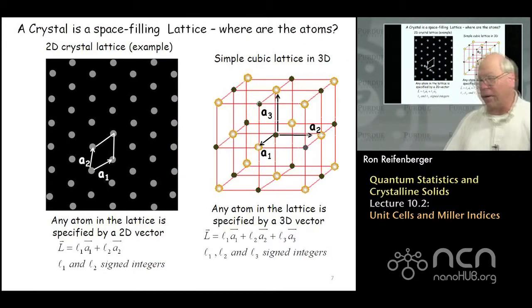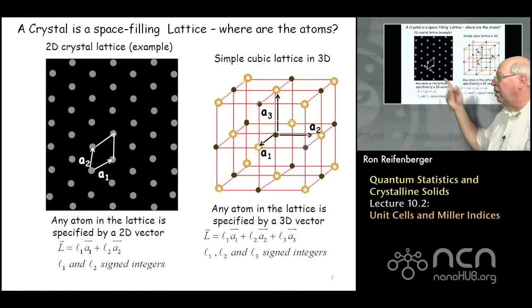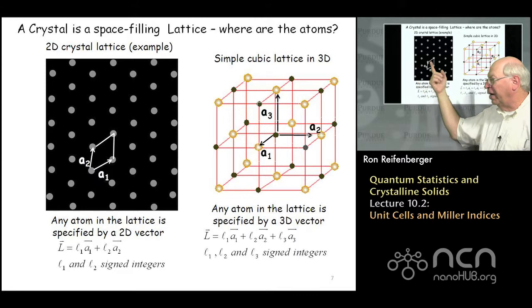How do you specify where the atoms are in a crystalline solid? Well, you have to know these translation vectors that define the unit cell. So the simplest example is in 2 dimensions. If I have a 2-dimensional periodic array of atoms, I can define the location of the atoms by these 2 vectors, A1 and A2.